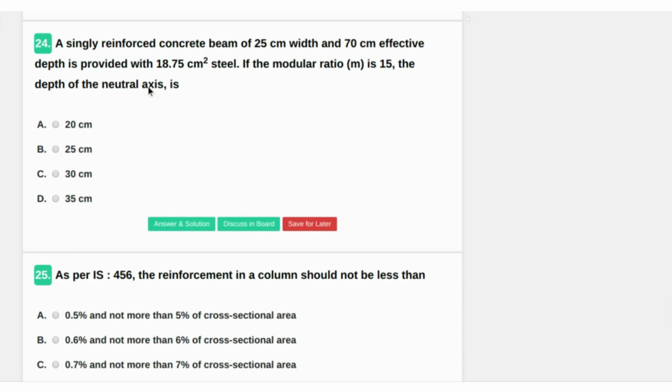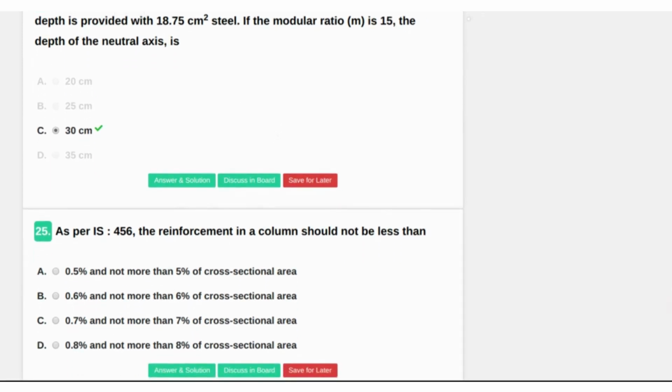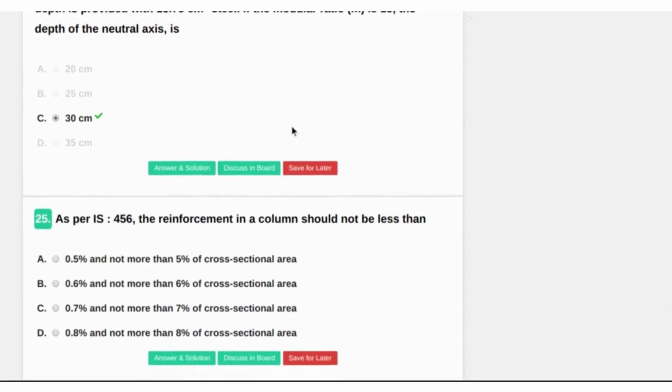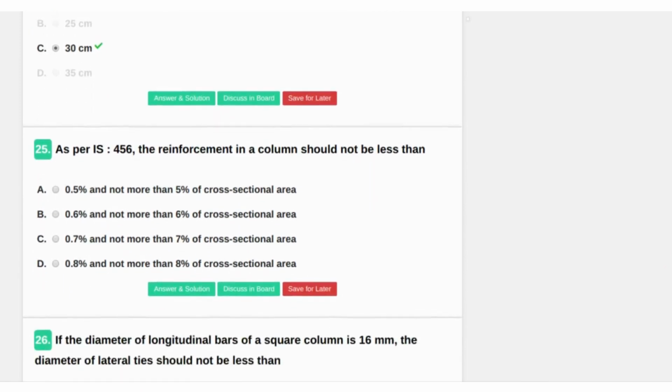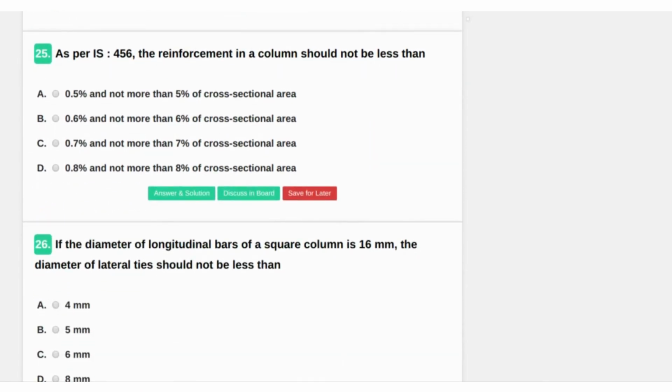On calculation, we got the neutral axis depth 300 mm, 30 centimeter. As per IS 456, this will be done in the next session of our video.